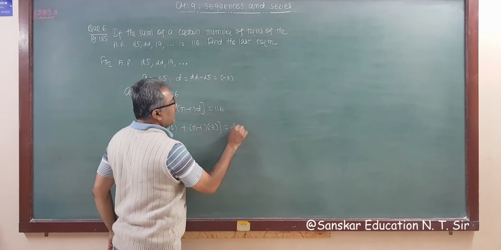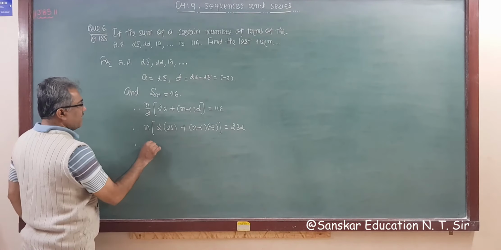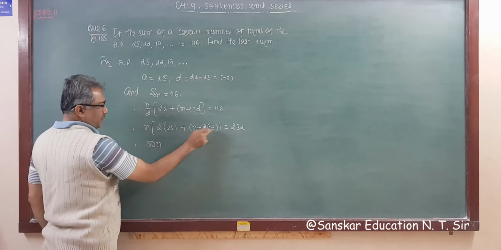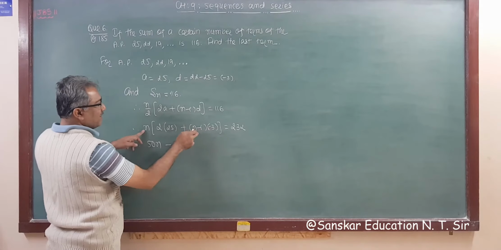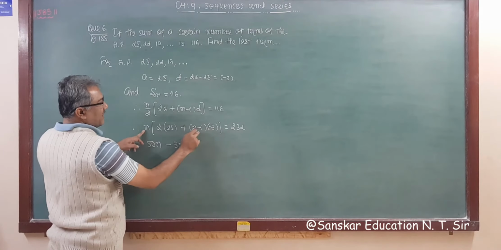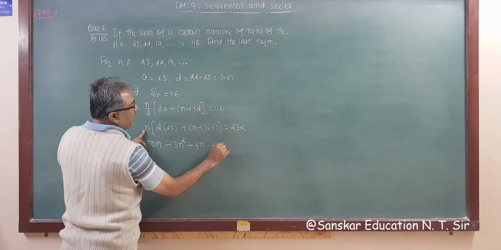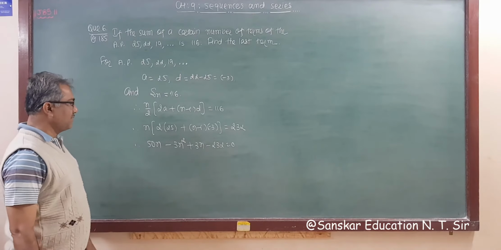So multiplying this, what we get? 50n minus 3n into n, so we get 3n square, minus minus plus 3n, minus 232 is equal to 0.